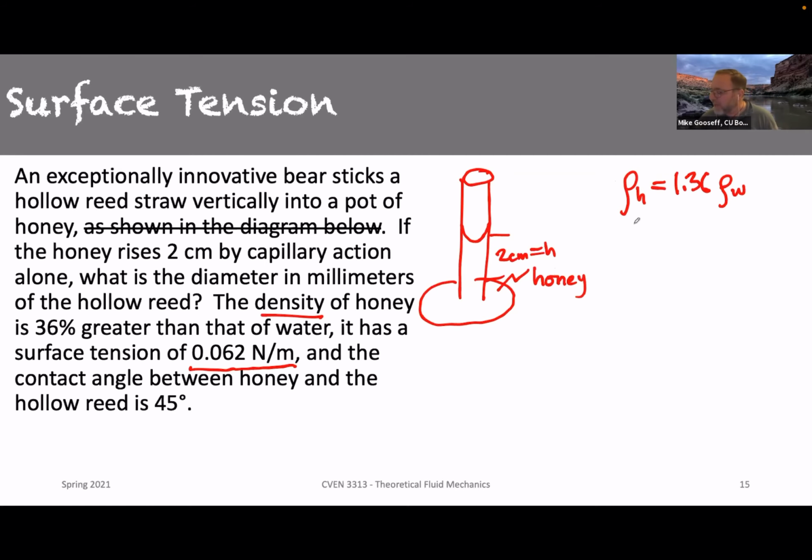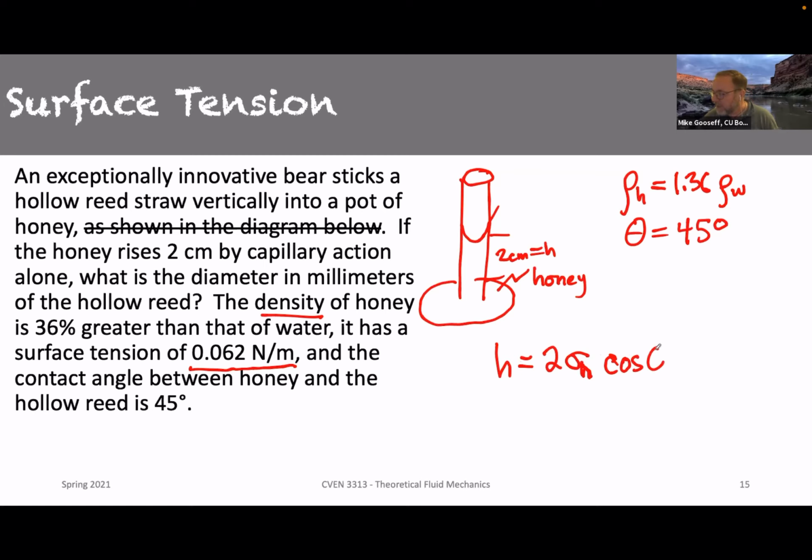Oh, and theta, this angle here, is 45 degrees. If you go to your book or the notes, we related all of these things by saying that H is equal to 2 times the surface tension of the fluid, in this case honey, times the cosine.